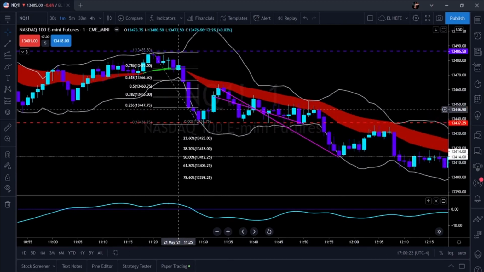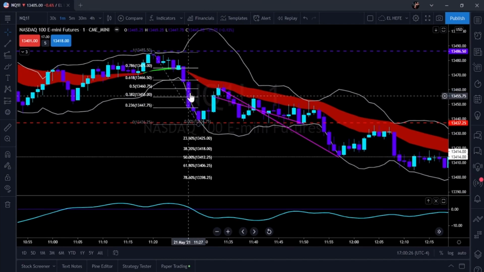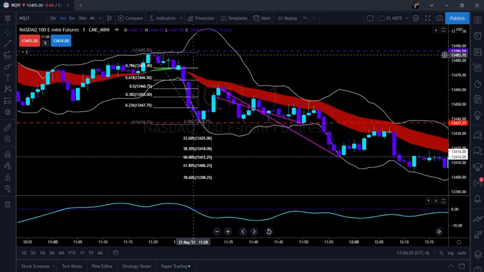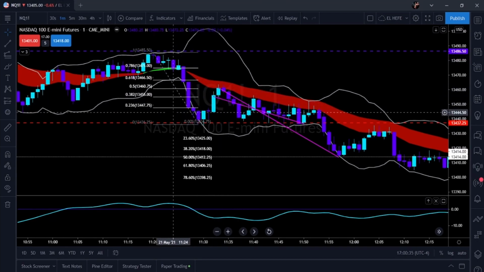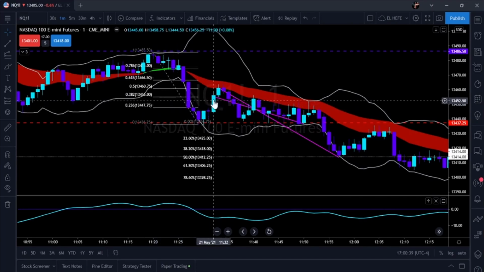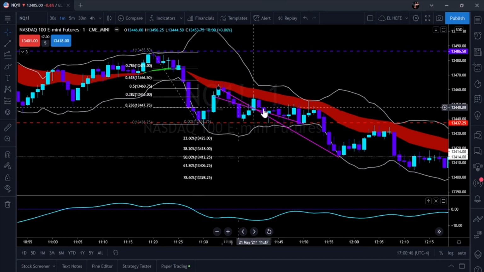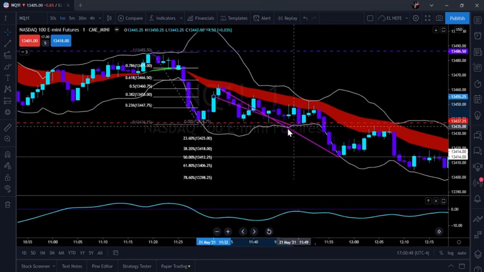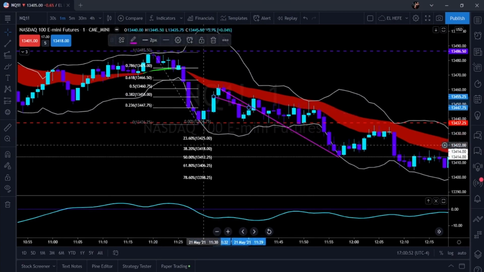Well, the idea is I'm short at 0.382 and I'm short at 0.5. My stop's up here. As soon as this thing starts going down through here and it breaks this 0.382 or 0.236, this 0.382 stop goes down to here. So realistically, I got stopped out right there.